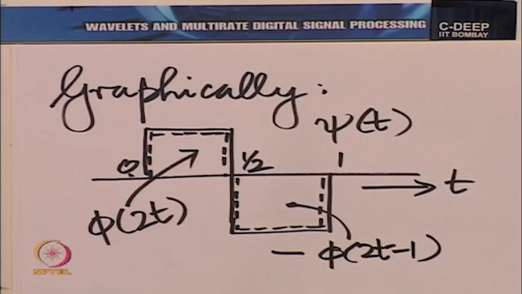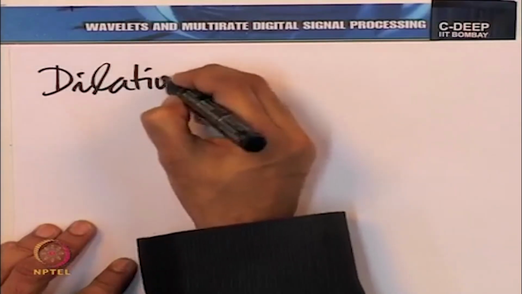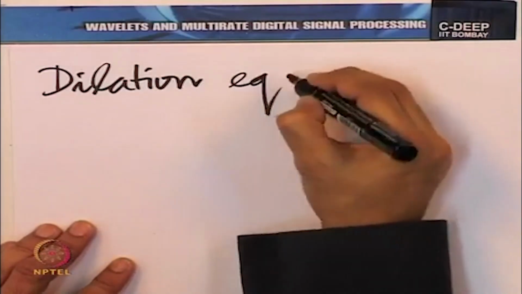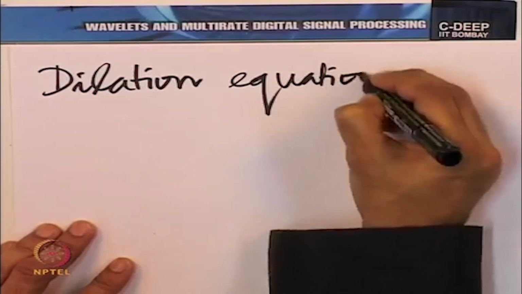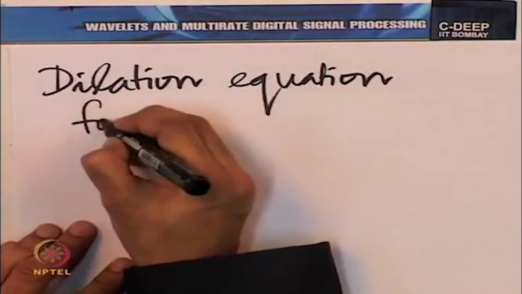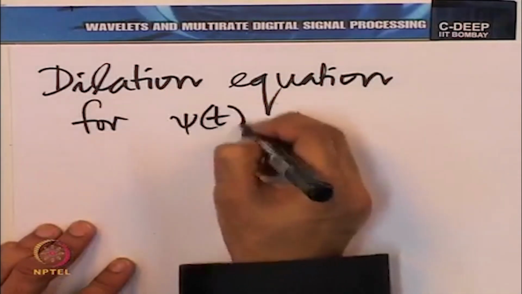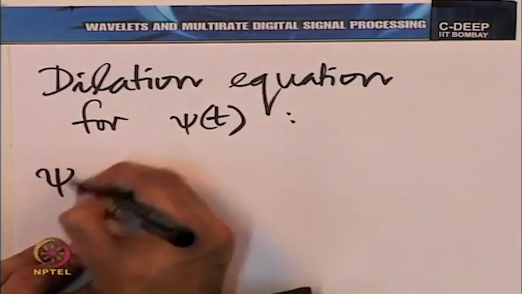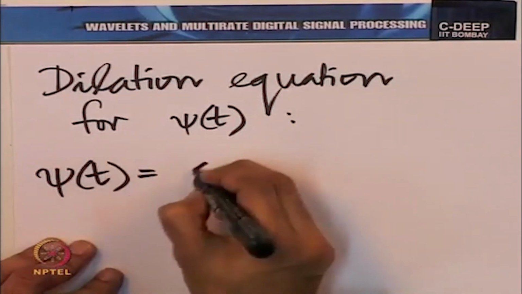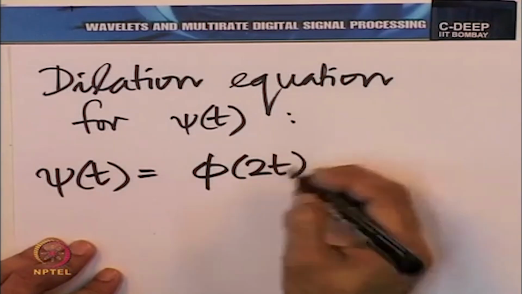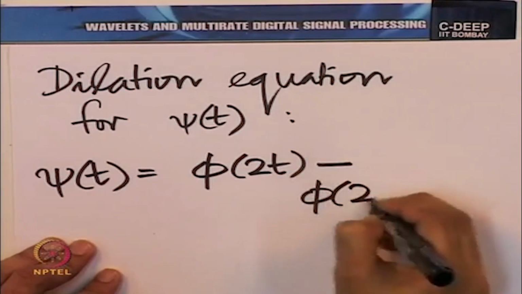And therefore, we have a very simple dilation equation for psi t. Now, here it is not recursive, but it is a dilation equation all the same. So, dilation equation for psi t: psi of t is phi 2 t minus phi 2 t minus 1.